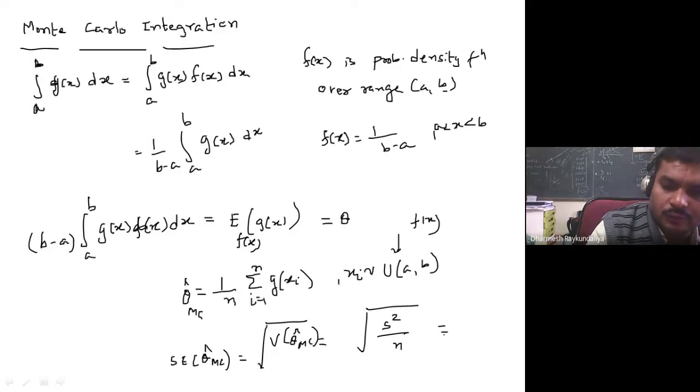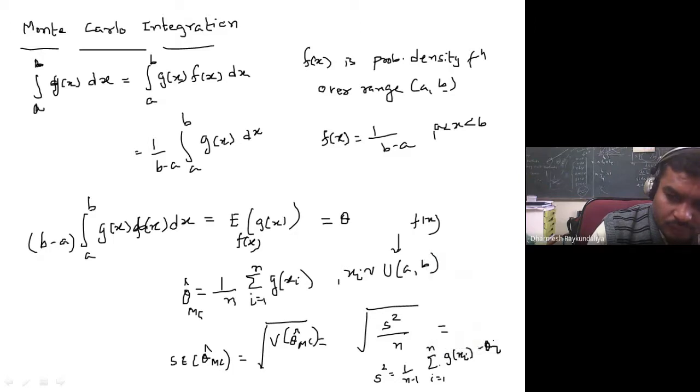In other words, the variance of theta cap mc is the variance of g(x). If expectation of g(x) is equal to theta, we are interested in finding the variance of g(x), where s square equals 1 upon n minus 1 summation i running from 1 to n of g of xi minus theta cap mc whole square.